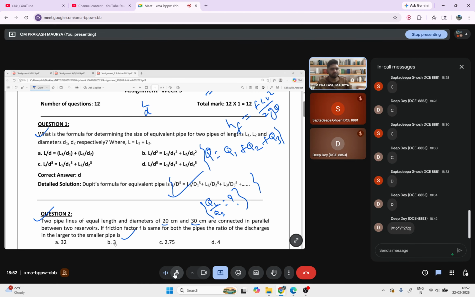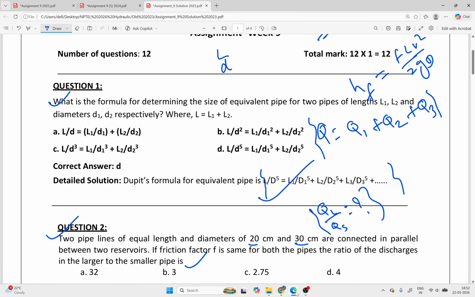Okay, so let me just show you. The question is telling us the pipes are in parallel. So in parallel pipes, you know the head loss in the smaller one equals the head loss in the larger one. Length is the same, so L will cancel out. f will cancel out.